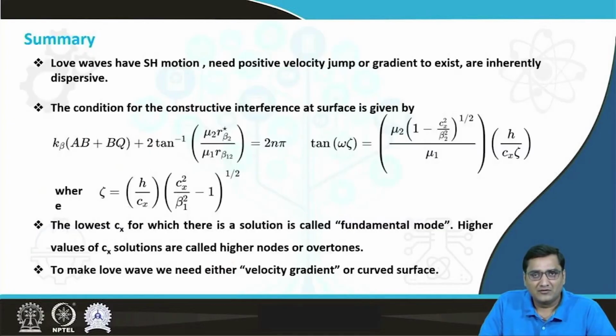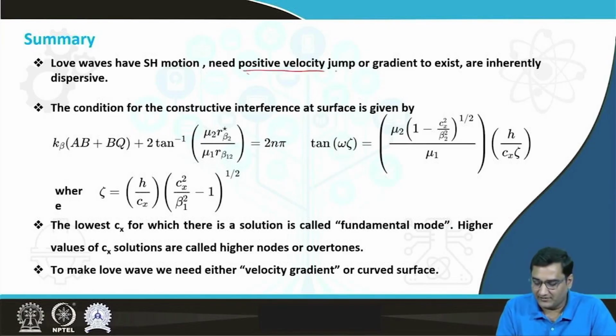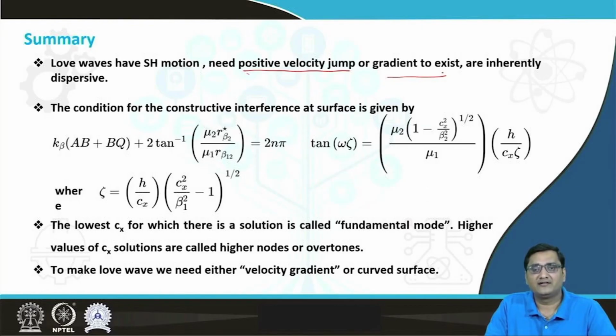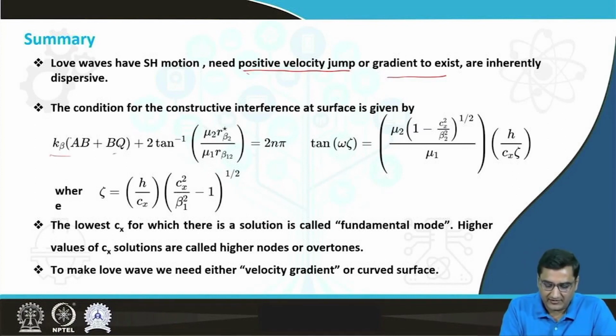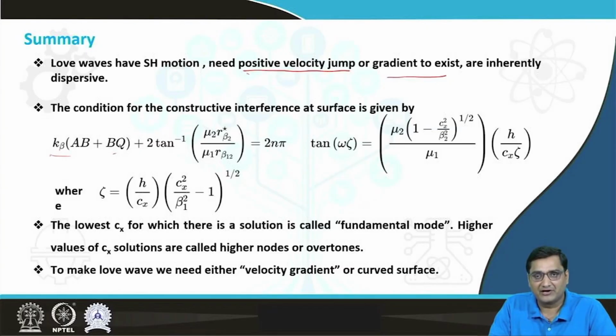So what we have learned today: Love waves have SH motion, they need a positive velocity jump or gradient to exist, and are inherently dispersive in nature. The condition for constructive interference at the surface is given by k beta in bracket AB plus BQ plus 2 tan inverse in bracket mu2 r beta 2 star by mu1 r beta 1 is equal to 2n pi.